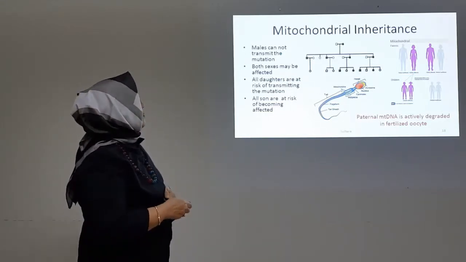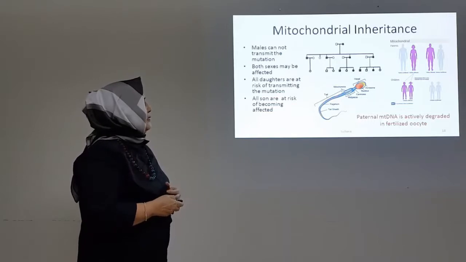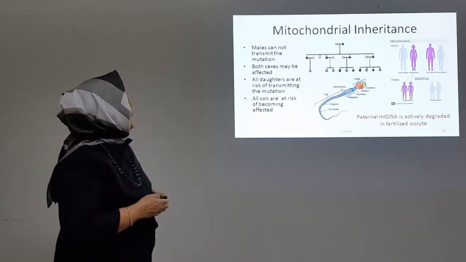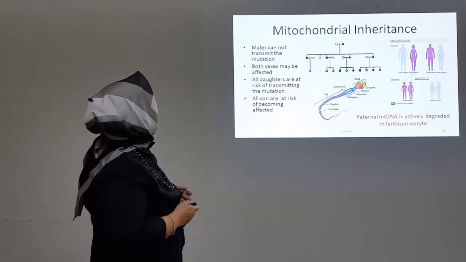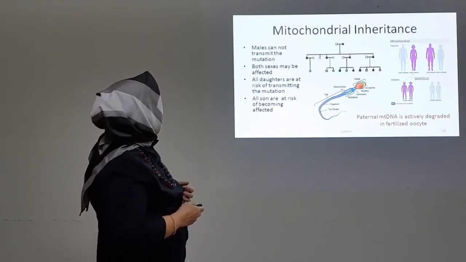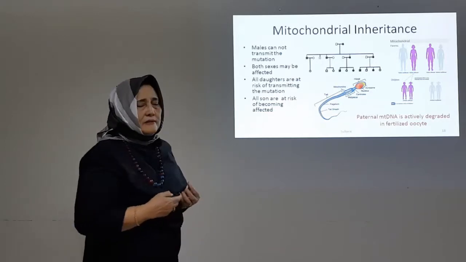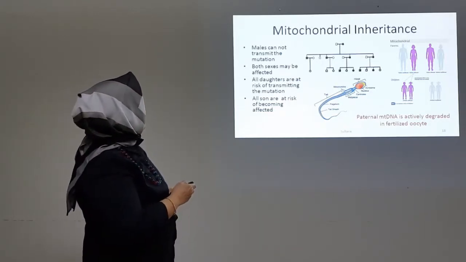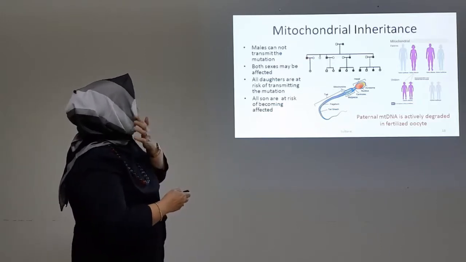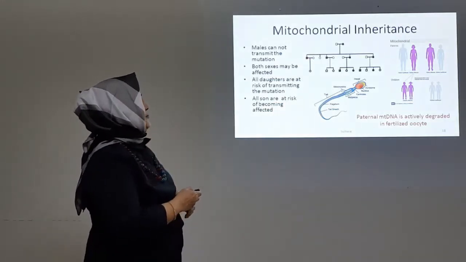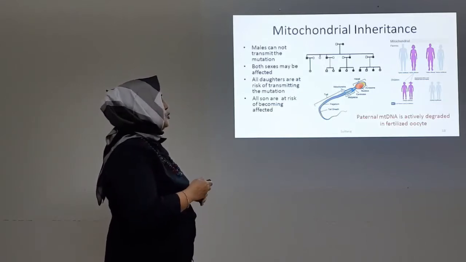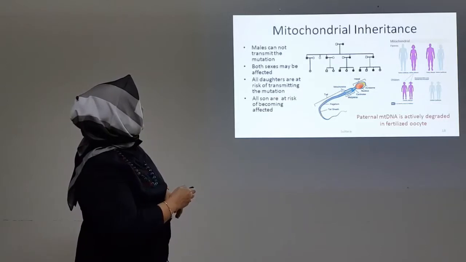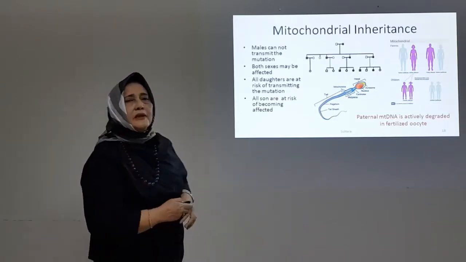So all mitochondria from the male will not be involved in making a baby. So all affected children must get the mitochondria from the mother. Look at this here. Female and male can be affected, but only female inherit the abnormal gene to the next generation. For male, look at this. This is an affected male, but all children will be normal.